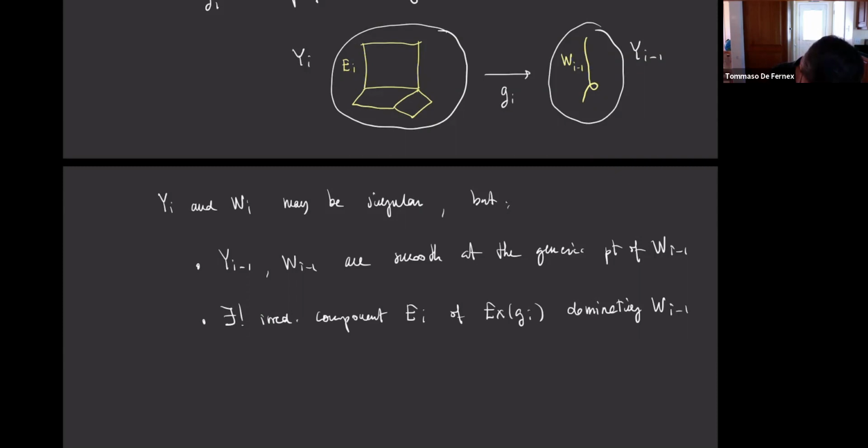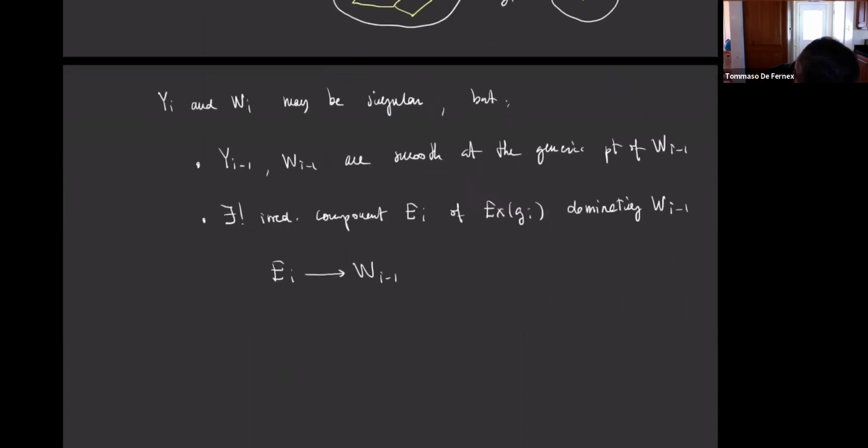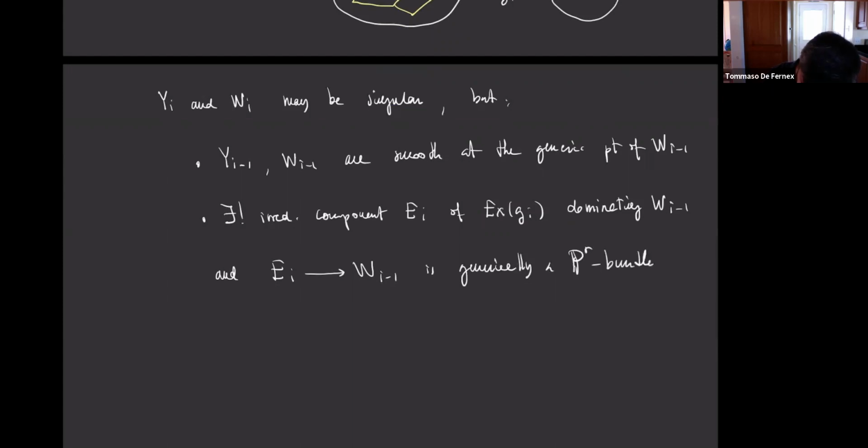And in fact, this map, which is surjective, is generically a projective bundle, a projectivization of a normal bundle.